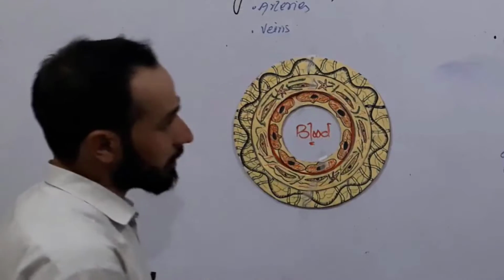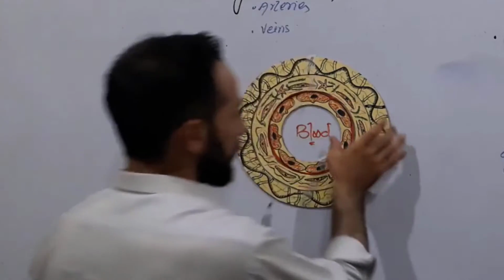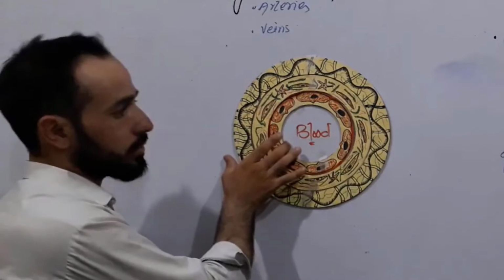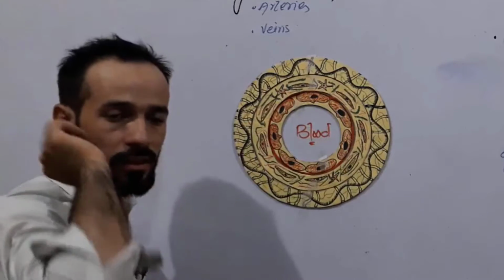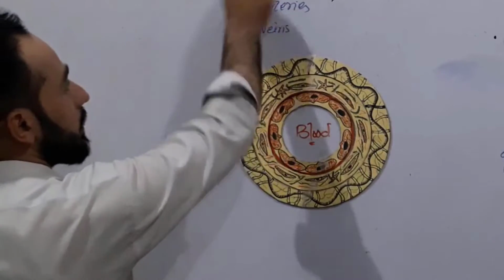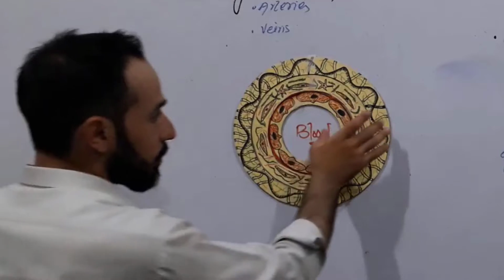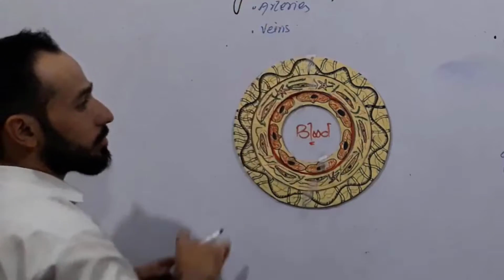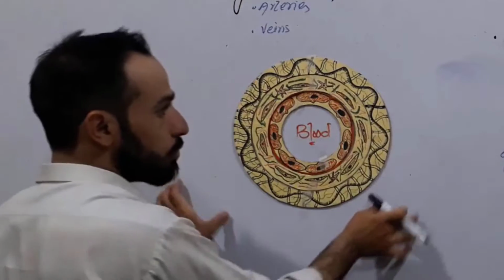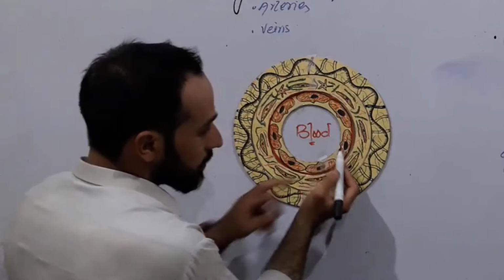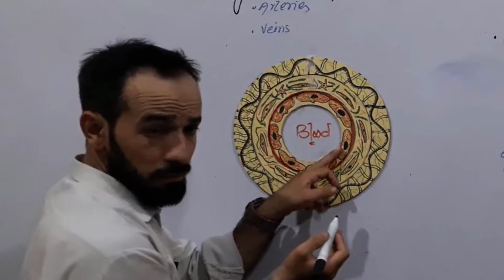Now we can see here that these whole four layers constitute the tunica interna of the blood vessels, right? So all these four layers are considered to be one layer. That's why we say that there are two more layers, right? So this one is the endothelium.